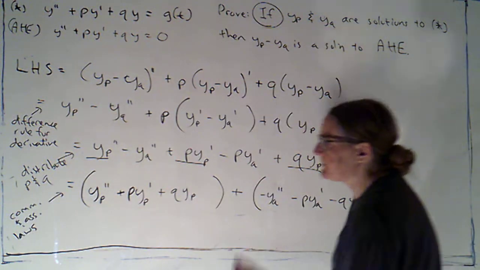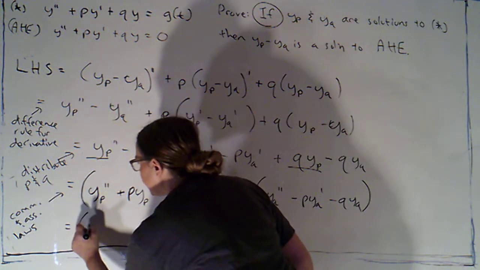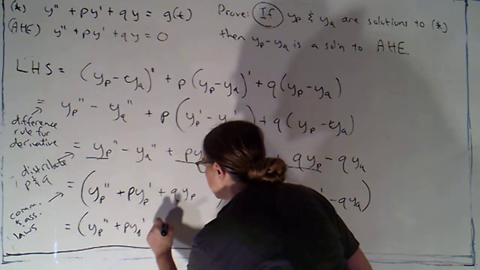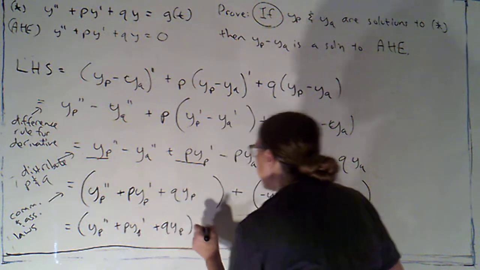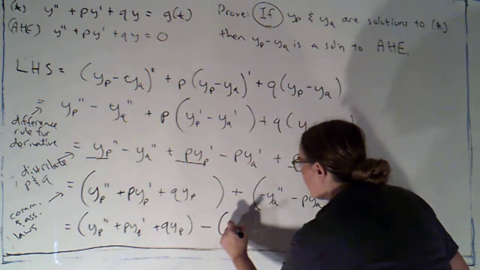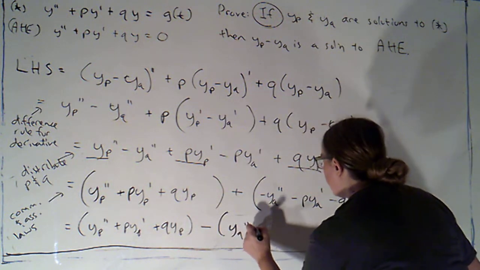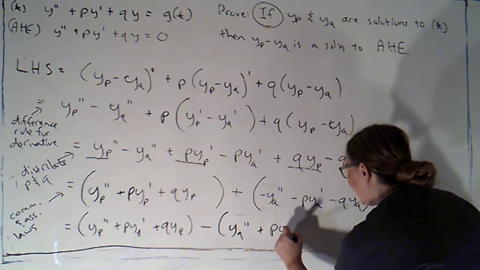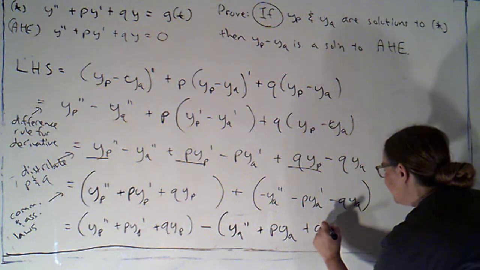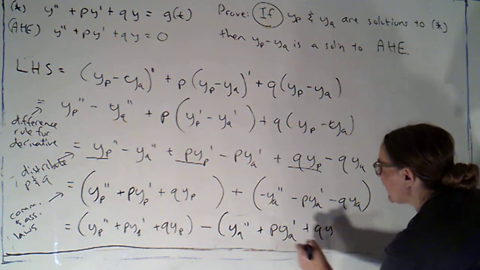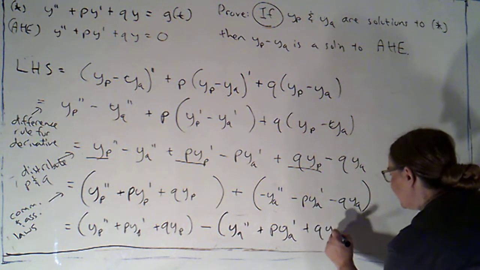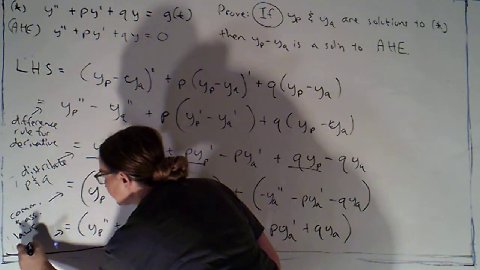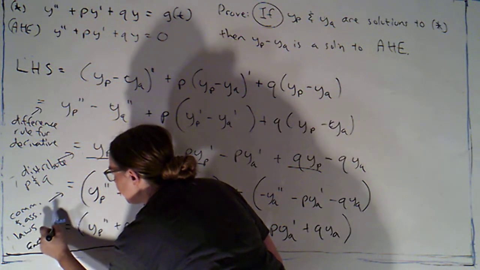Now I'm going to factor out the negative 1. So I'm going to get yp double prime plus p yp prime plus q yp minus the quantity yq double prime plus p yq prime plus q yq. So this is just factoring out a negative.